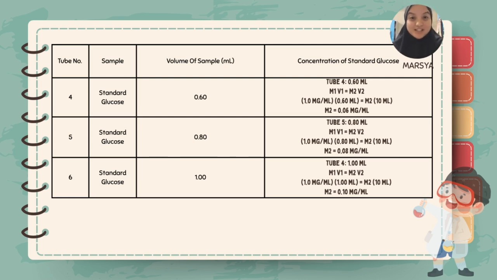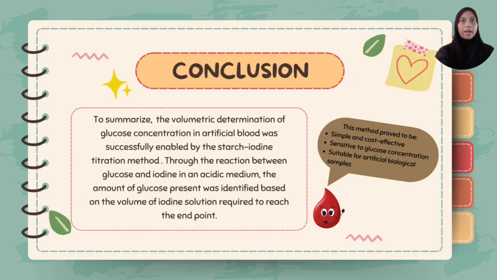Now, to summarize, the volumetric determination of glucose concentration in artificial blood was successfully enabled by the Starch-Iodine titration method. Through the reactions between glucose and iodine in an acidic medium, as we can see in the results, the amount of glucose present was identified based on the volume of iodine solution required to reach the endpoints.